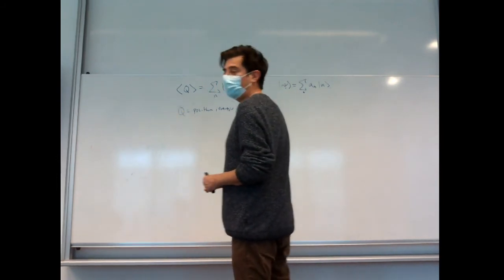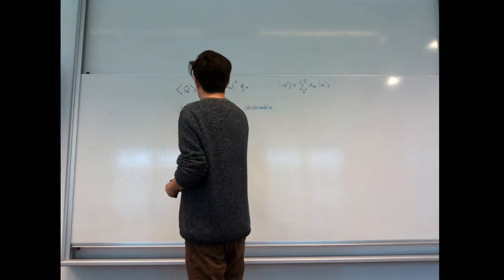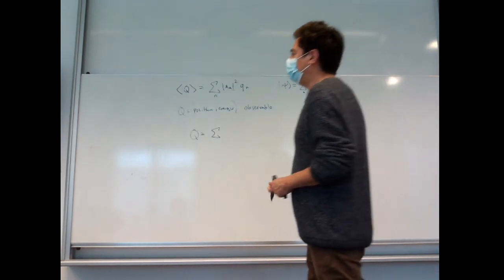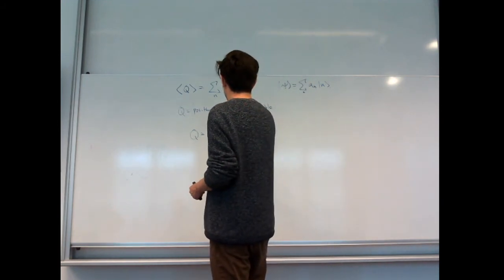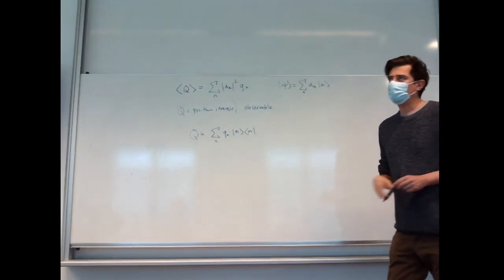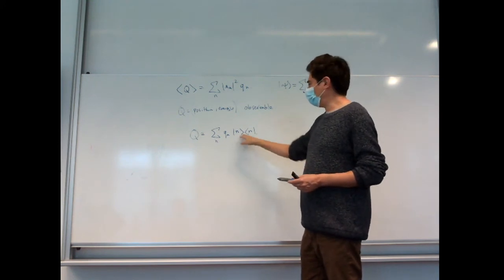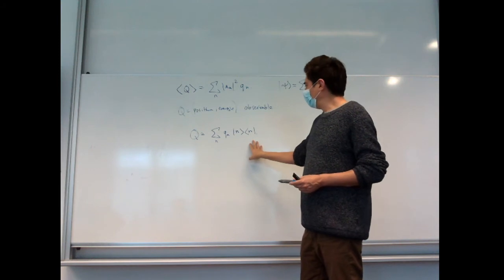So what we're going to define here is a so-called observable operator. So this is kind of a definition. What we do is, this is obviously a matrix because we've got this outer product structure, right?